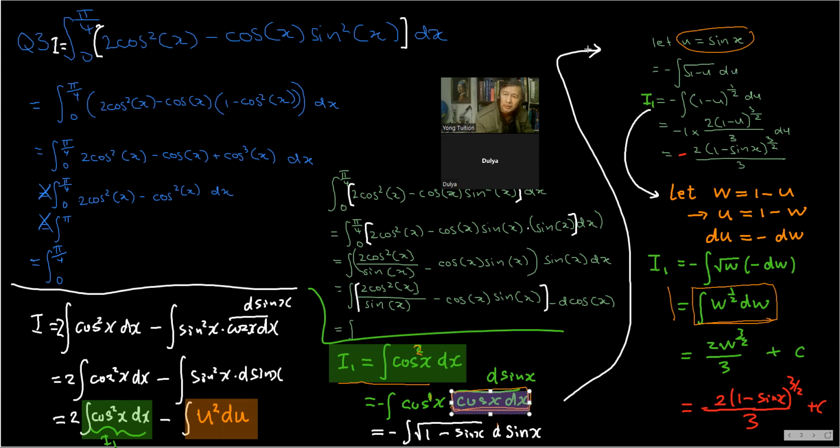Then, in order to write the remaining cosine x in terms of sine x, I use the trigonometry Pythagorean identity.